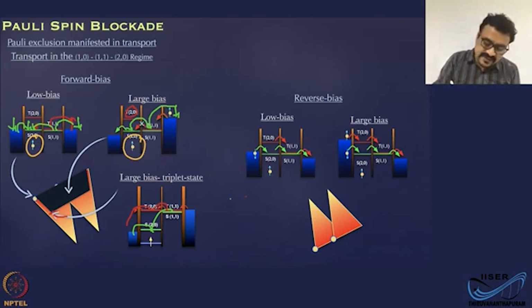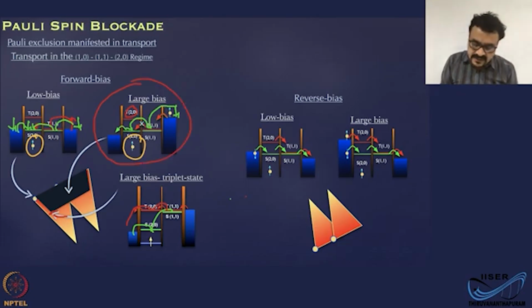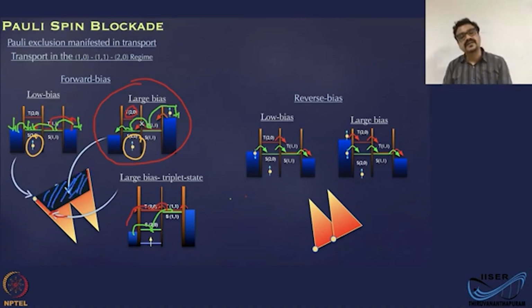So in this situation, until you lift the level of dot 2 to the T20 state, current is blocked. So throughout this region, the current will be blocked, and this is called spin blockade.